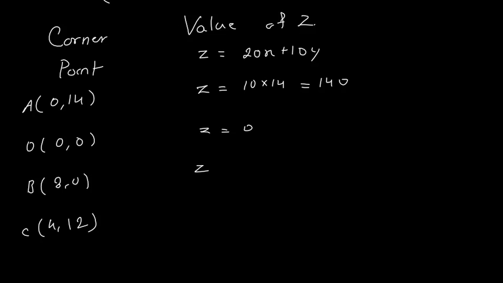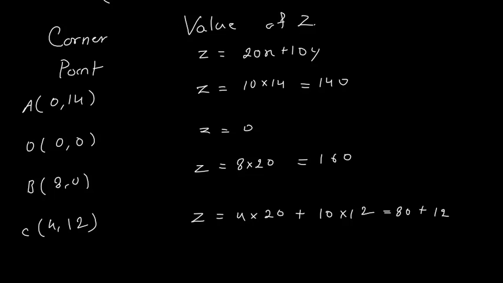Here I get z as 8 into 20, which is 160. And here I will get z as 4 into 20 plus 10 into 12. So this will give me 80 plus 120, which is 200. 200 is the value of z.